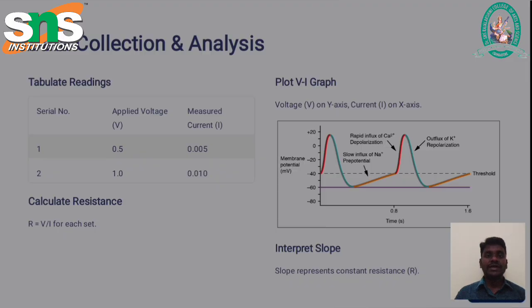After a few readings, you have to plot a graph. On the x-axis is voltage, on the y-axis is current. If you plot voltage against current, you will get a straight line, because the voltage is directly proportional to the current.